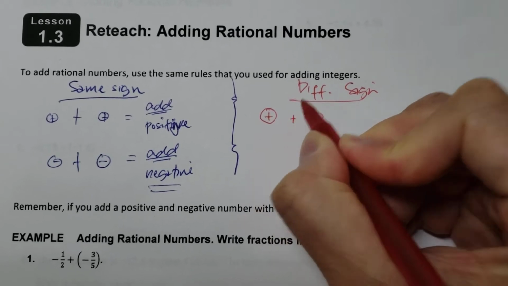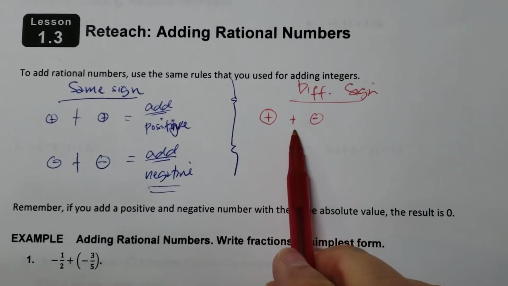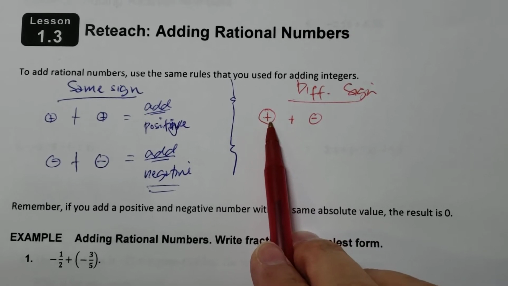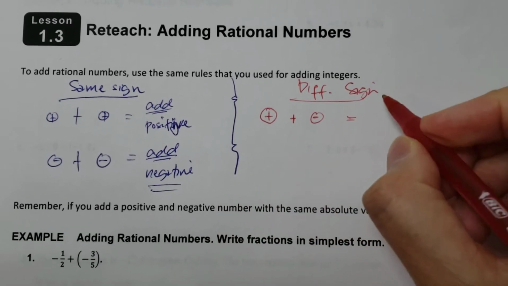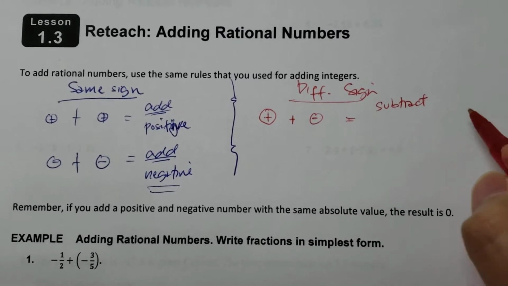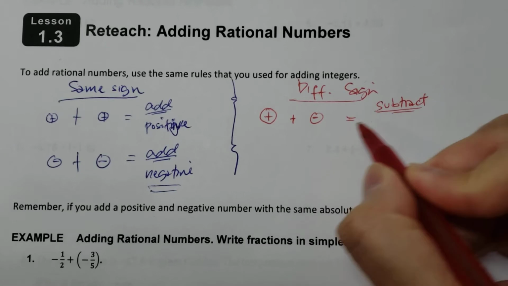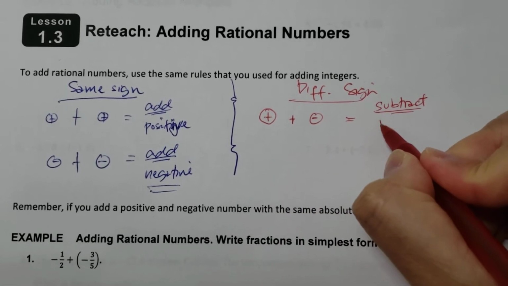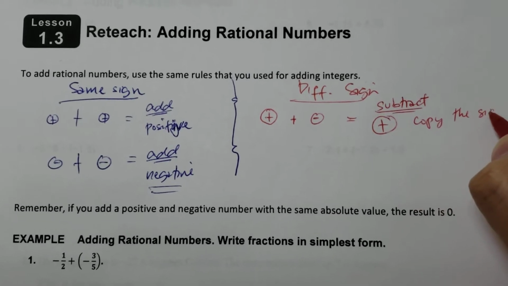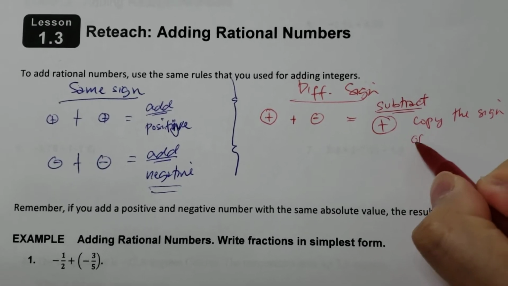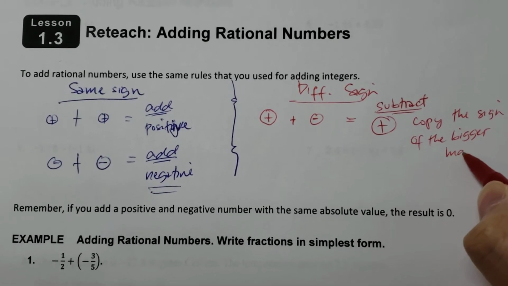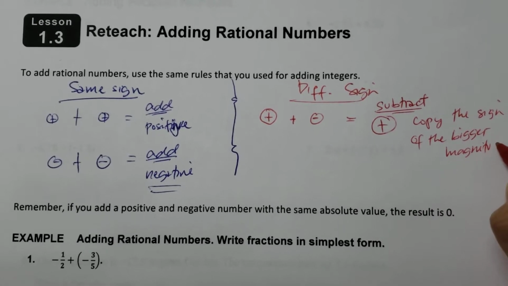So if you add a positive plus a negative, and the positive has a bigger magnitude, what you're going to do is subtract the magnitude, the bigger magnitude minus the smaller magnitude, and then the sign is what? Positive. Good. Copy the sign of the bigger magnitude.